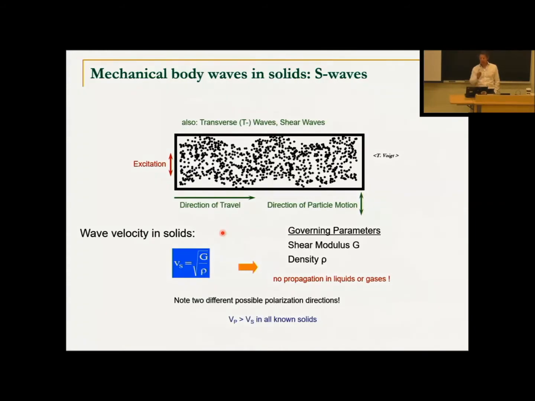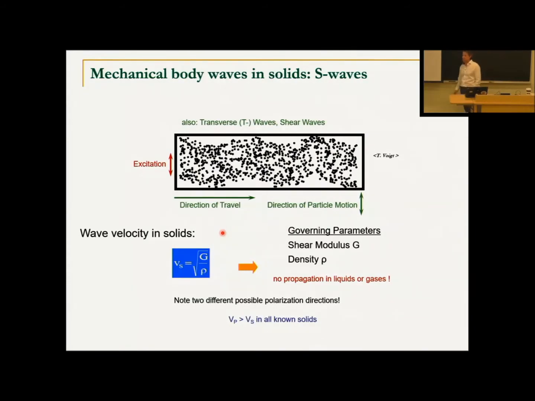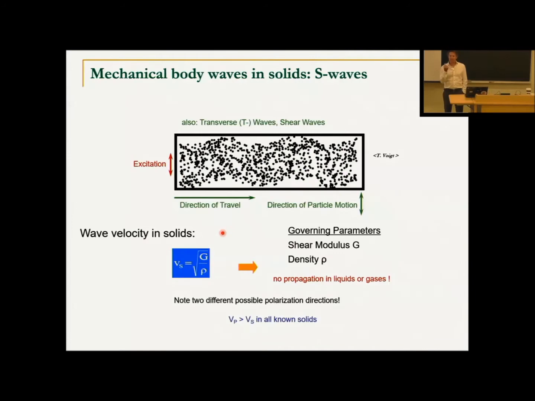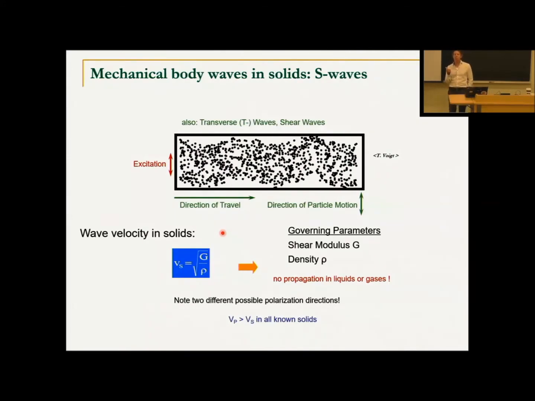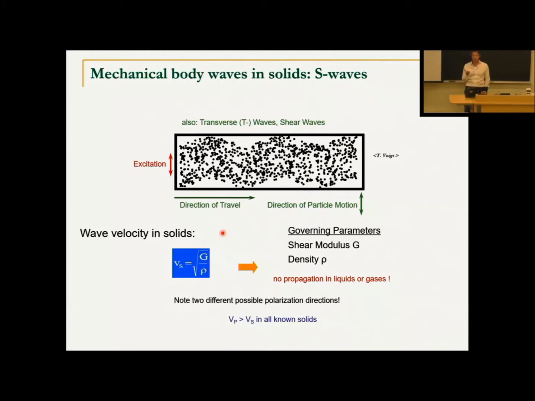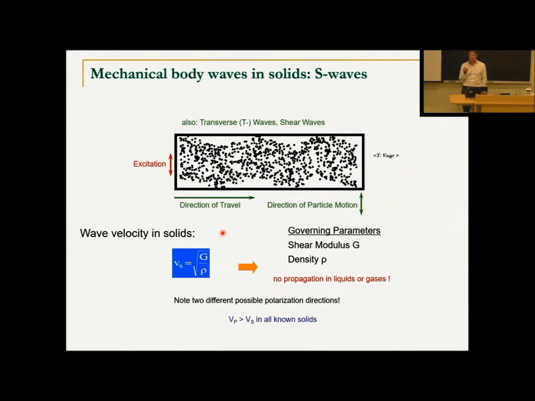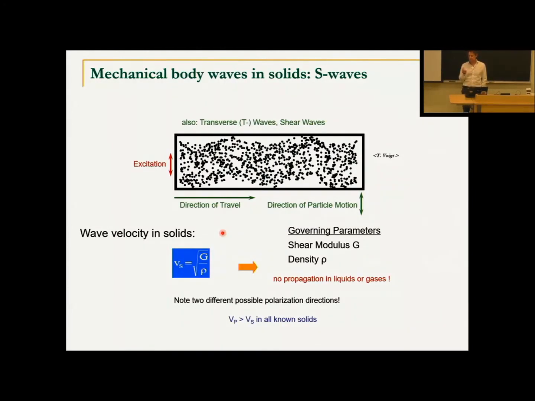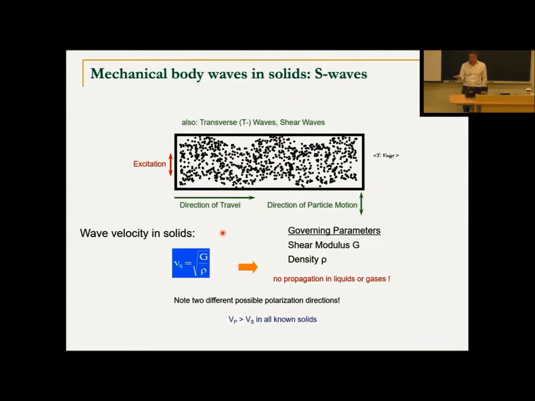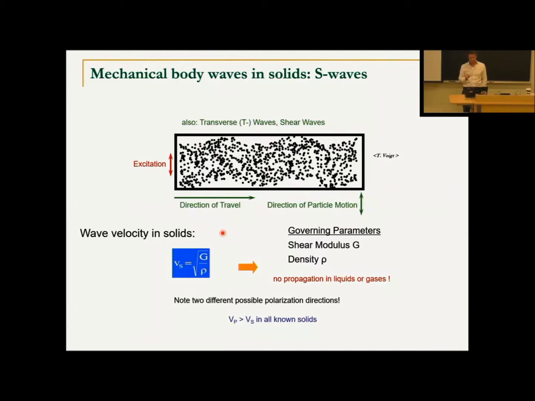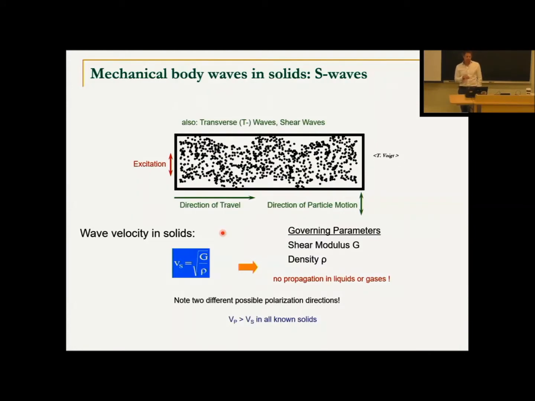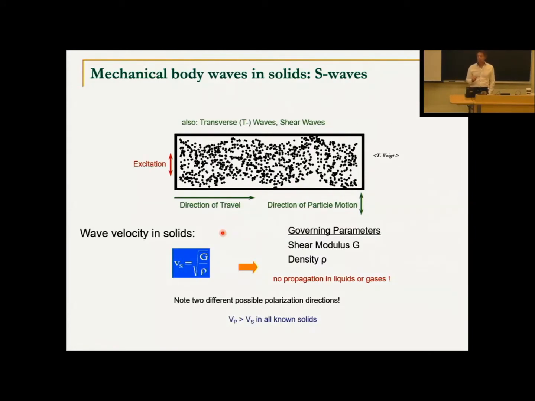Now, a key component of shear waves is that because liquids and gases, in theory, cannot transmit shear stress by definition, we don't have the existence of these waves in true fluids, such as liquids and gases. And also we can see that we could have two polarization directions.